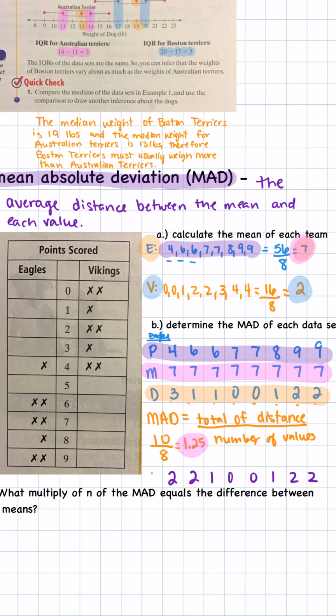Add these together, 4, 5, 6, 7, 8, 9, 10. 10 divided by 8, there's still 8 of them. Oh my gosh, and look, it equals the same. So therefore, their variability is similar.